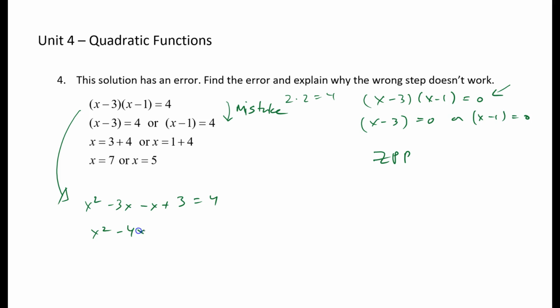I'm not going to actually finish solving it out, but you'd bring this 4 over here, minus 1 equals 0, and that's the equation you would actually solve to answer this question. But the reason I wrote this problem here was I was trying to make sure that you understood the zero product property here. And just because you see two numbers multiplied together, don't assume that they equal that number unless it's 0.